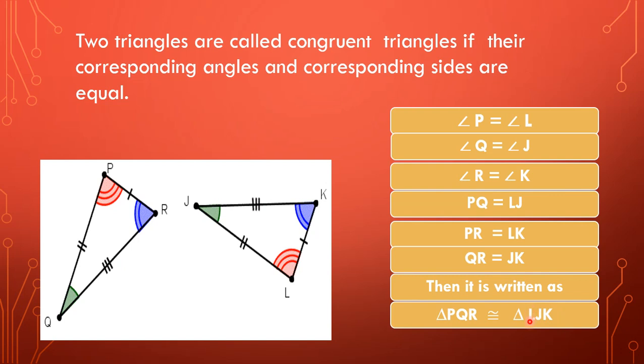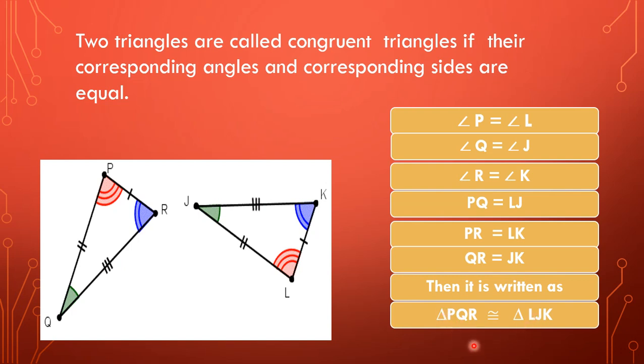We have to write the names of the triangles according to the congruent parts. P and L are equal angles, so we write P and L; Q is equal to angle J, so Q and J; R and K. This is a one-to-one correspondence.